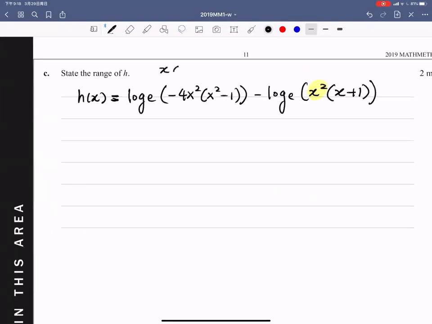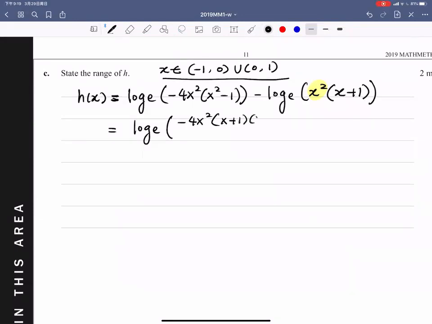Don't forget my x values are going from -1 to 0, union 0 to 1. And my range of h is produced over these values. All right, if I'm using my logarithmic laws, I should have -4x squared, x plus 1, x minus 1, over x squared, x plus 1.